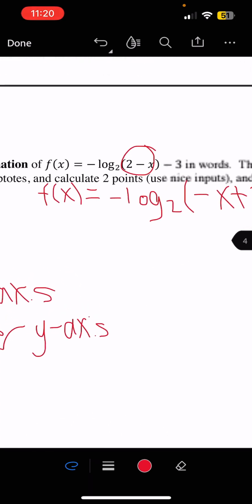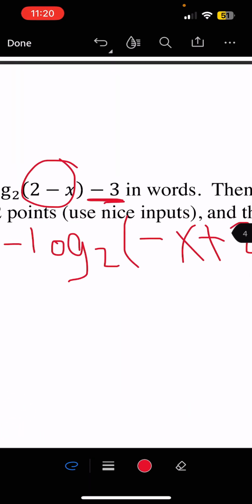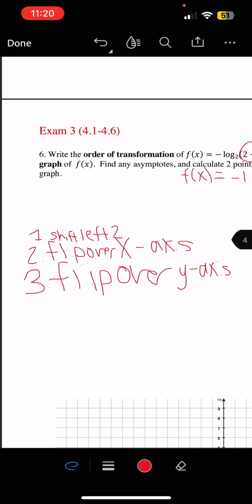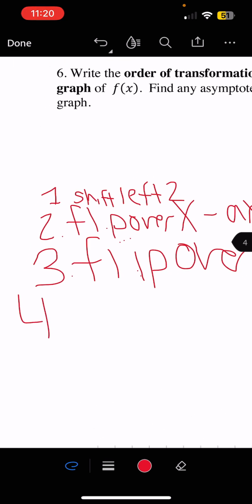And we're going to look at the end of our equation, which is negative 3 right here, and that is going to be a shift down.